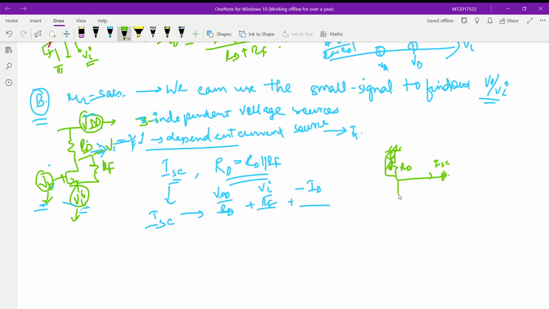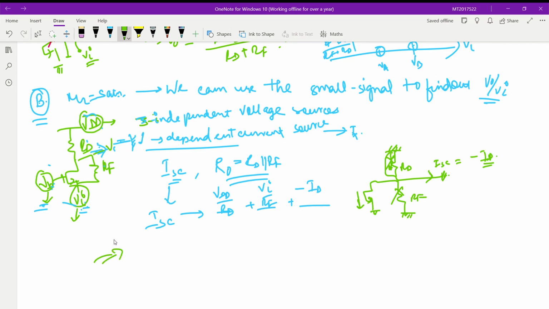We just have RF here and our current source. RF also goes to 0 because VI is 0, so there is no current here. So ISC is just minus of this current going down. The downward current is ID. That's why I have written minus here.